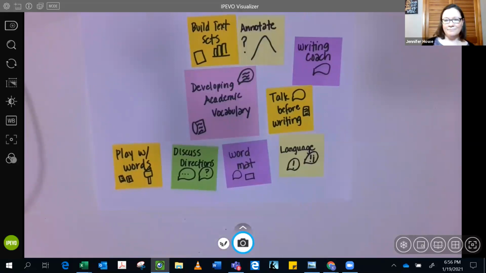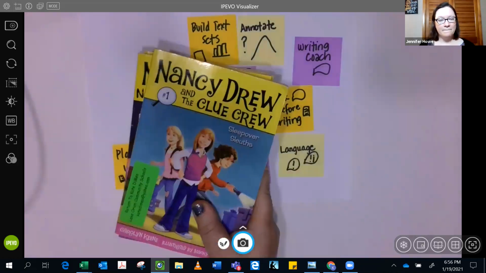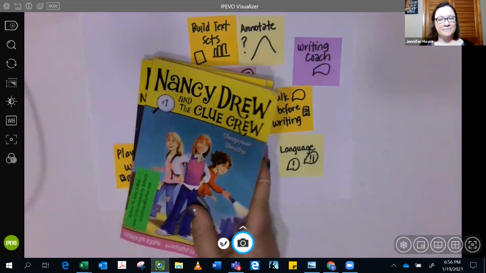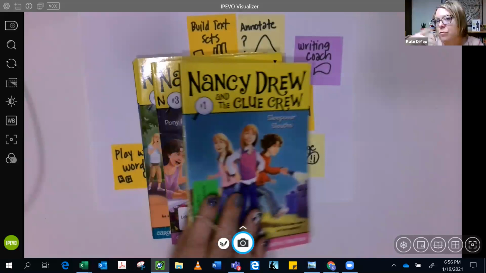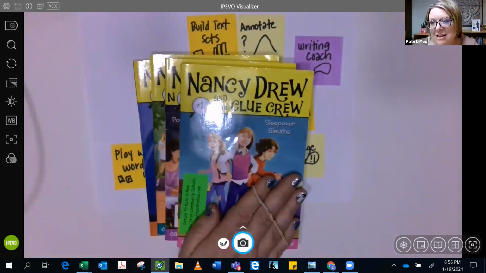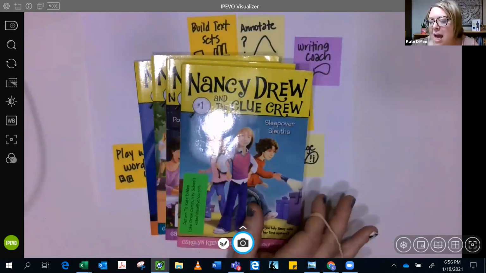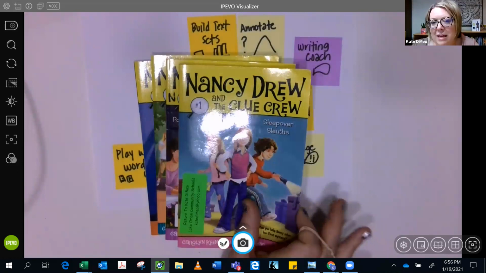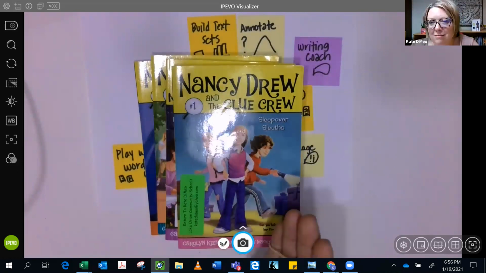Now, we did give you examples of nonfiction, but you could even think about fiction in this way. This is a little bit out of the box, but this is some Nancy Drew books, right? What you might do is read the first book to your child out loud and discuss it and have a conversation with them. So much of the vocabulary will be acquired through the read aloud.